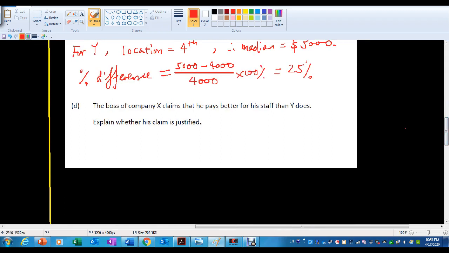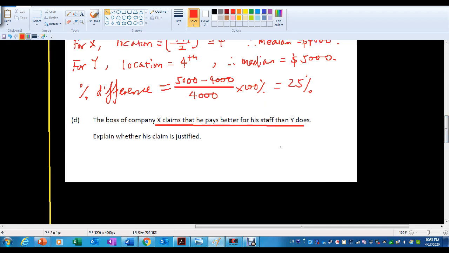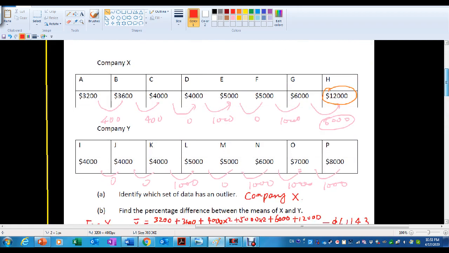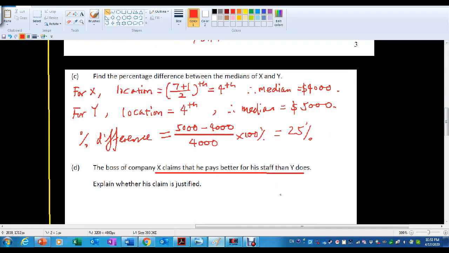The boss of company X claims that he pays better for his staff than Y does. Explain whether this claim is justified. For X, you got a smaller mean and also a smaller median.